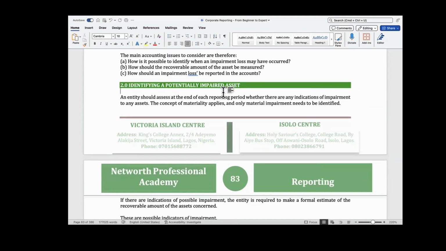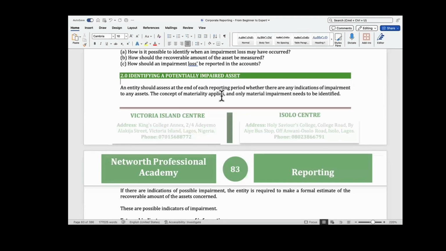So the way we determine that an asset has been impaired, this standard calls them indicators of impairment, or impairment review. And before I look at these indicators of impairment, I want to bring your attention to this asset part.